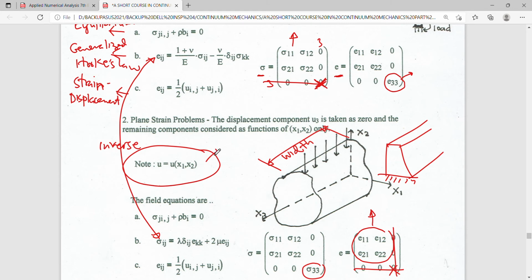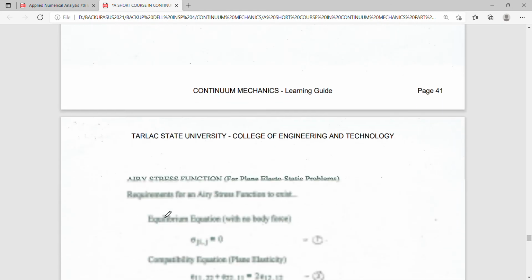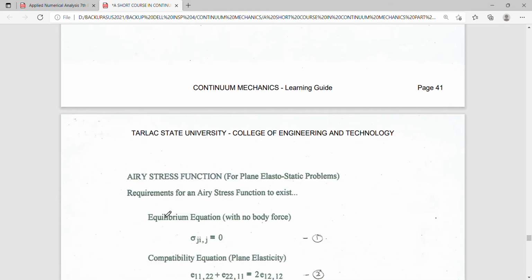So that's just the reason why they are expressed differently in these two problems. Okay, so do you have any question on that, or maybe we can continue first, then we address your concerns later.